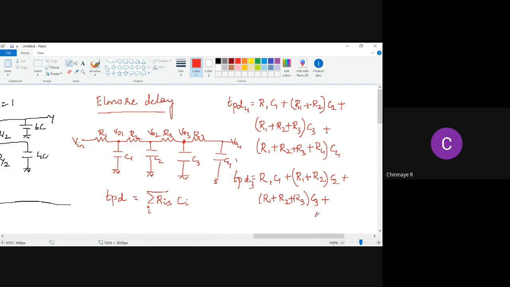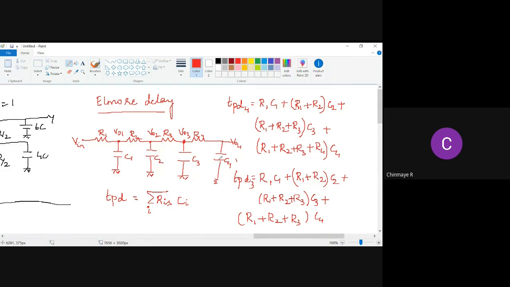So we'll have to calculate the delay term due to the capacitance C4, but we see that R4 is not in the path from Vin to V03, right? So therefore the resistance here will be just R1 plus R2 plus R3, because these are the only resistors in the path from Vin to V03. But still, the term due to C4 must be included, because there might be C4 discharging through this path or charging through this path.